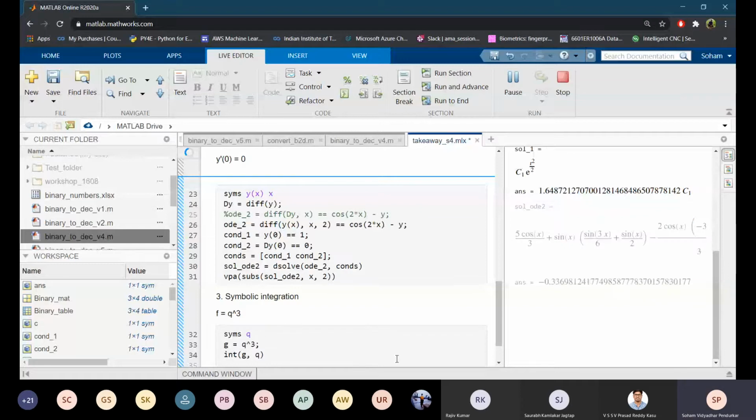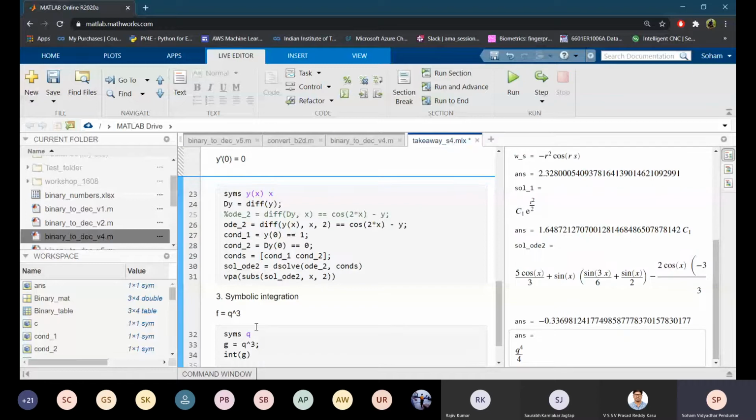It's very simple to write int g and integrate with respect to q, but by default q is the variable to be integrated with, so even if I don't specify this, it will still do the same. Only when there is an ambiguity, like if there are two variables, do you have to specify what variable you want to integrate it with.